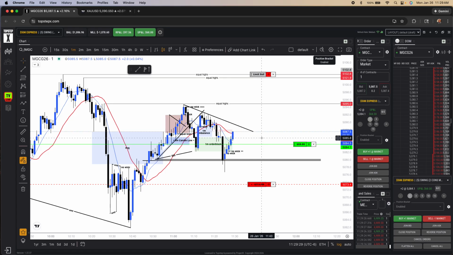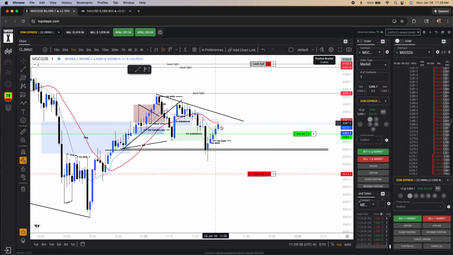Waiting. We are around the moving averages now. We did push clearly below them right here.